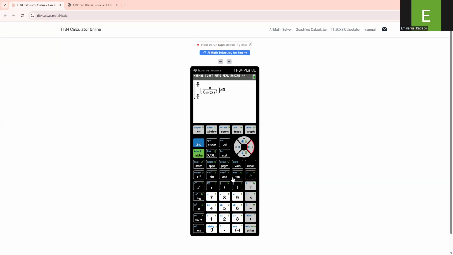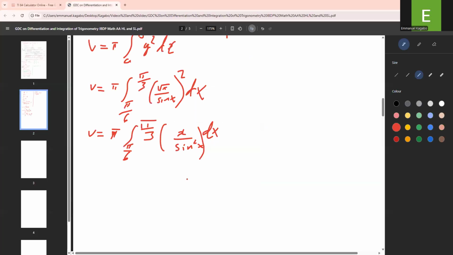Done, right? Let us see if it gives us the answer. What answer does it give you? Remember, I haven't multiplied by pi. So it gives me 0.852.